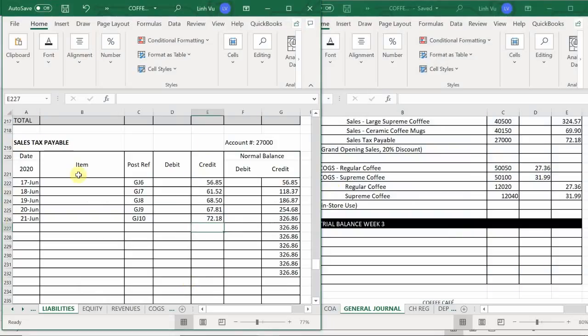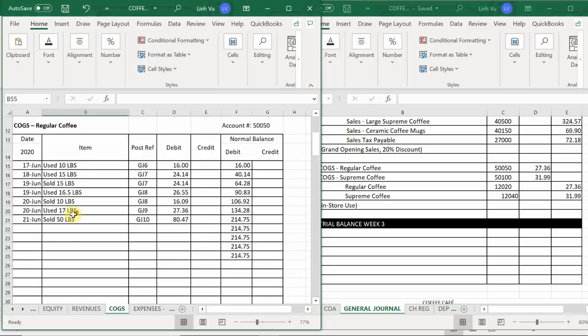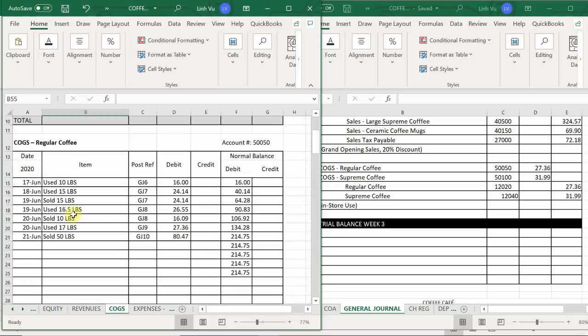We got another cost of goods sold for the regular coffee. We used 17 pounds.